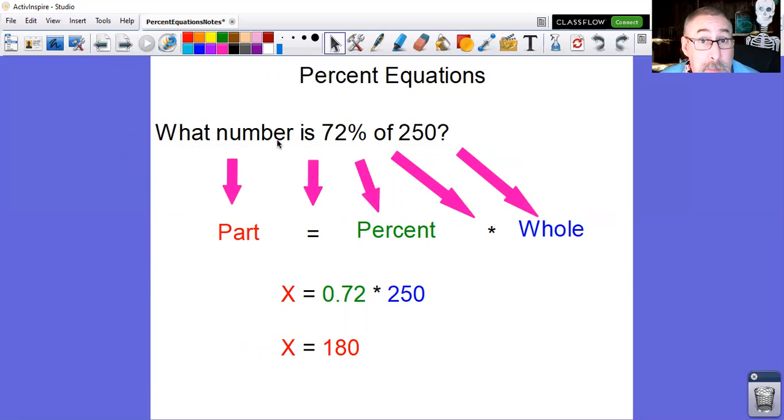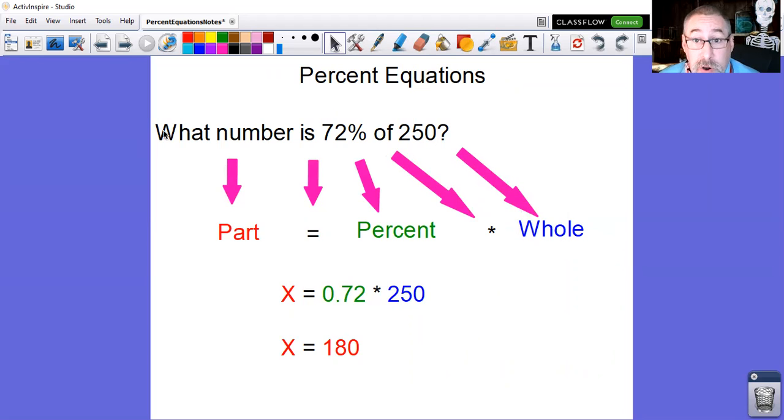So what number, that's my part, is, that's my equal sign. Just substitute is for the equal sign. Of course, my percent is pretty straightforward. That's the percent. Of is going to be turned into a multiplication symbol, and 250 is my whole number.